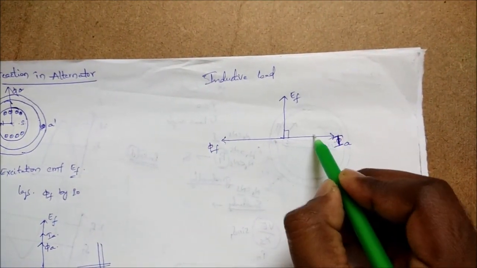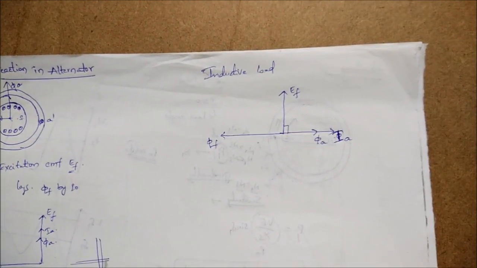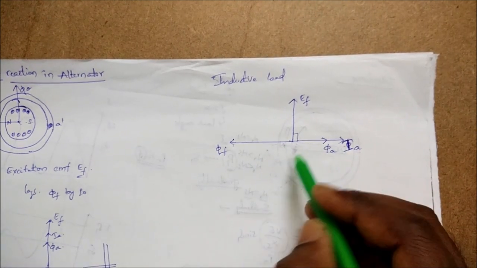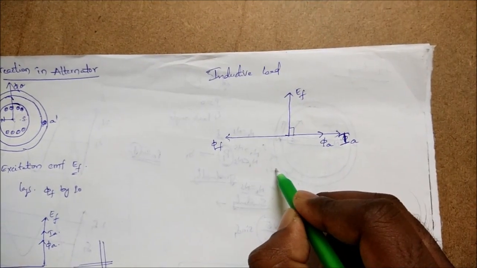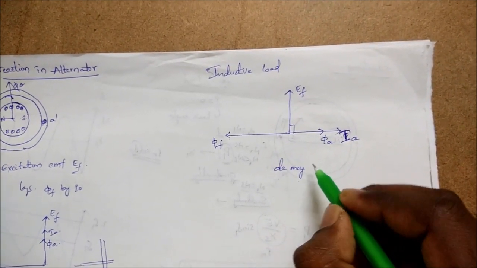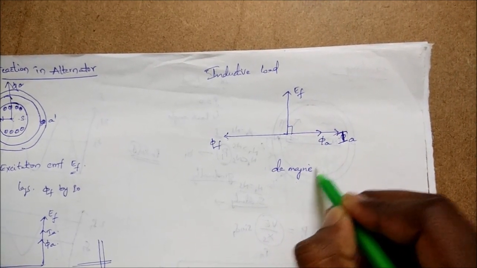If IA is in this direction, then phi A is also in the same direction. Now phi A and phi F are in opposite directions. Therefore, the nature of armature reaction is called demagnetization.